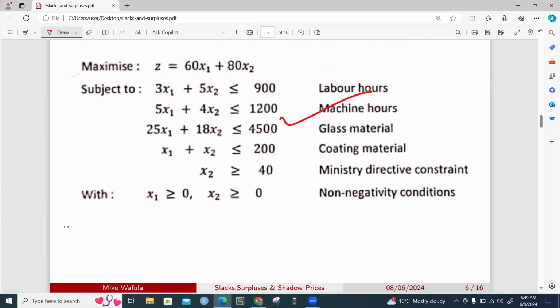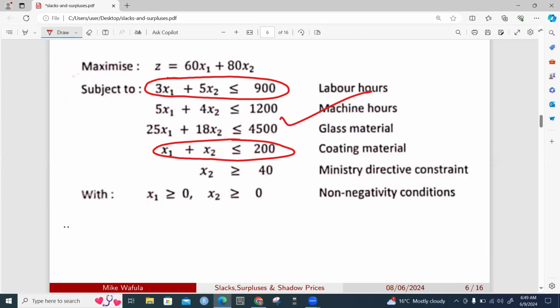We had the coating material, and we also had the labor hours. These were the binding constraints. And so if we want to calculate the shadow price, then we try to modify the right-hand side of these constraints.